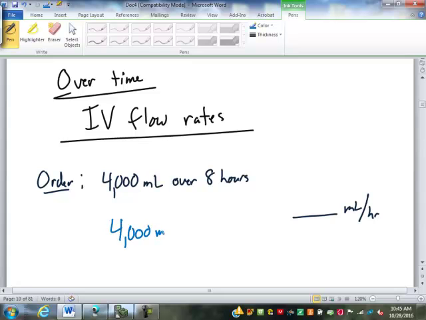Well, that's a pretty simple calculation. 4,000 milliliters over 8 hours. Just going to divide it out. 4,000 divided by 8 is 500 milliliters per hour.